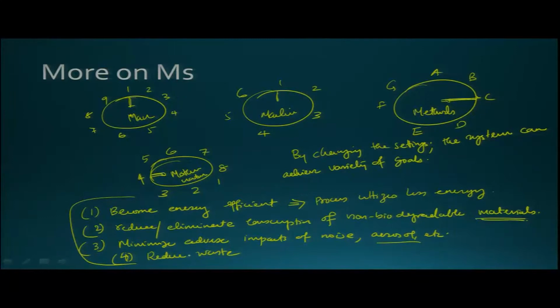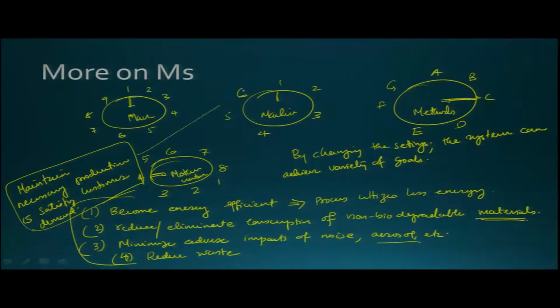You can keep on changing the dials, but you should also maintain the necessary production to satisfy customer demand. There is a nice term that exists for this, which is called throughput.